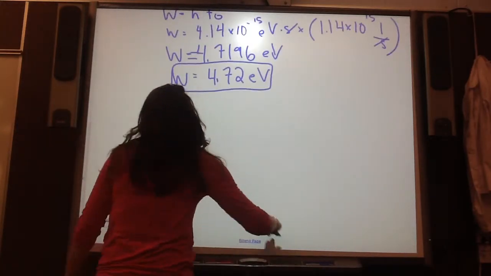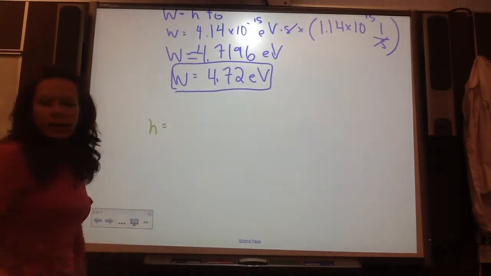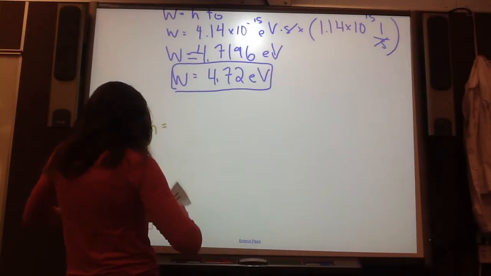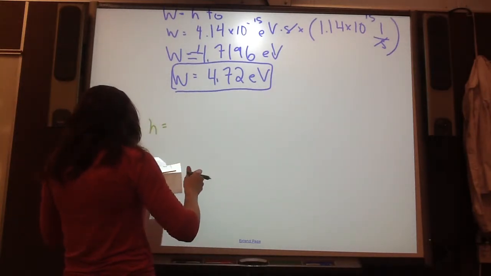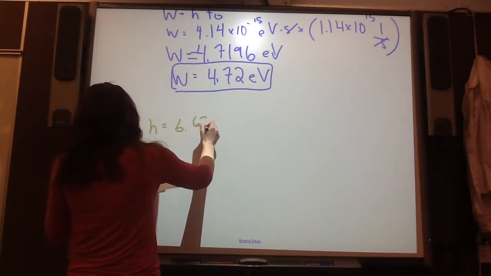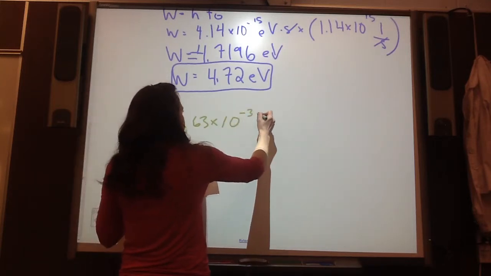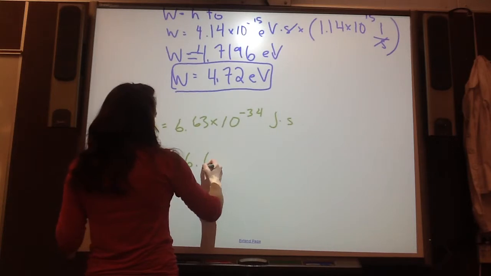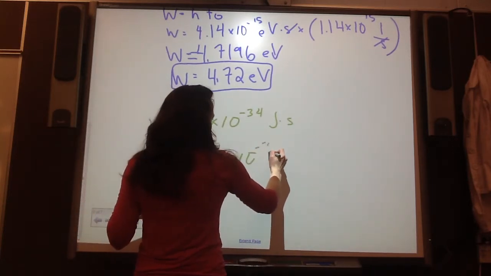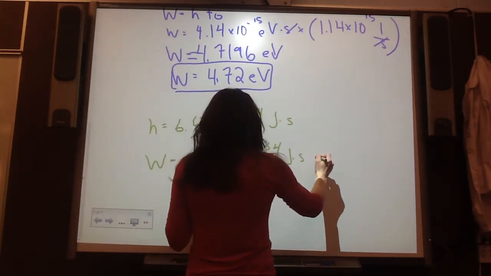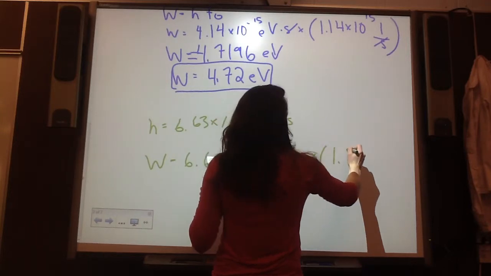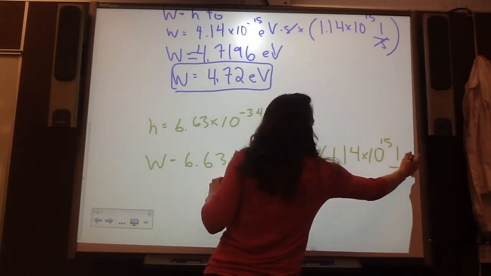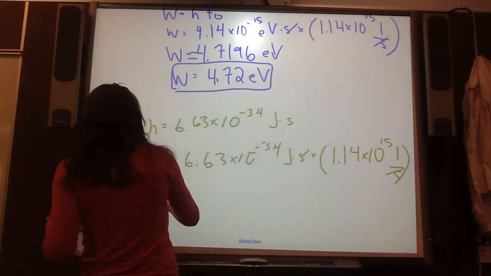So say we do H is equal to, what is it, 6.63 times 10 to the negative 34 joule times seconds. So W is 6.63 times 10 to the negative 34 joule times seconds, multiplied by 1.14 times 10 to the 15, 1 over S. So my seconds cross off.